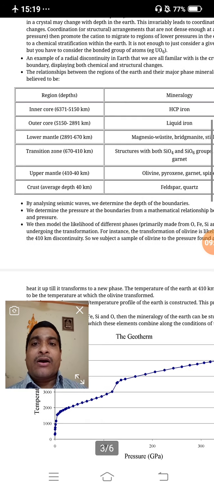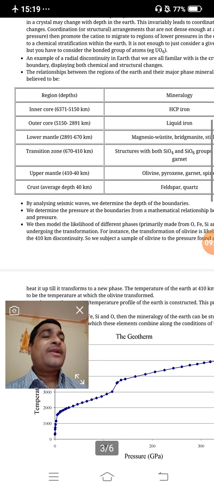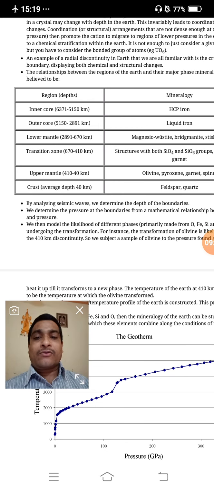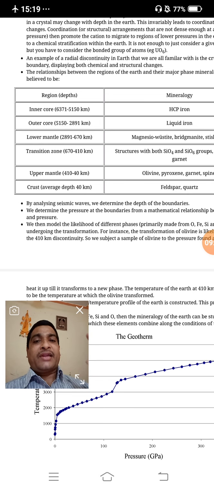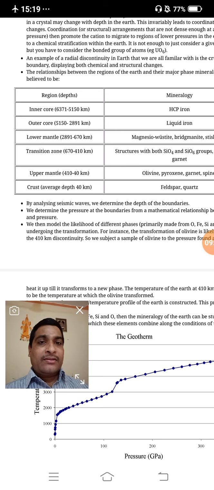Okay, and the core. The core has been divided into two layers, outer core and inner core. The outer core starts from approximately 2891 km up to 5150 km, and this zone is mostly made up of liquid iron.